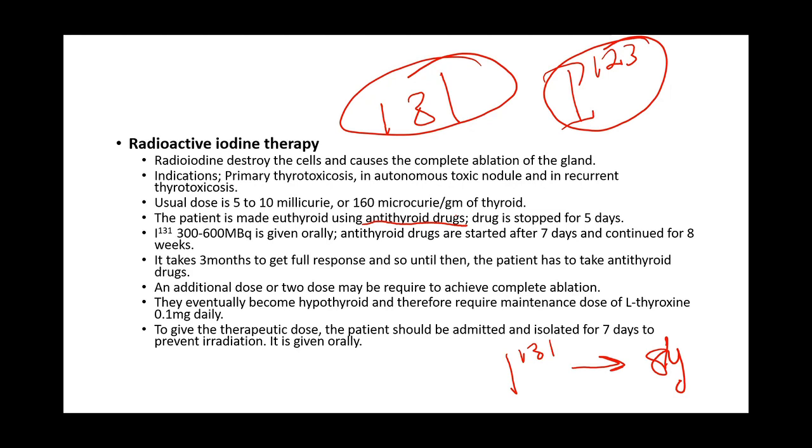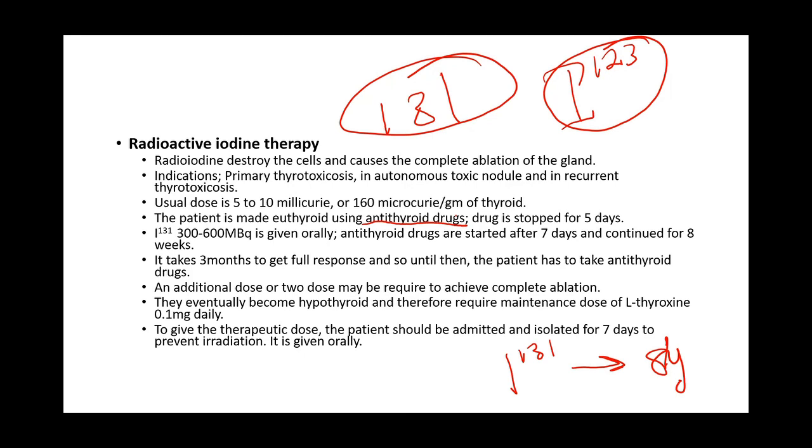Antithyroid drugs are started after 7 days and continued for 8 weeks. It takes 3 months to get a full response, so until then, the patient has to take antithyroid drugs.